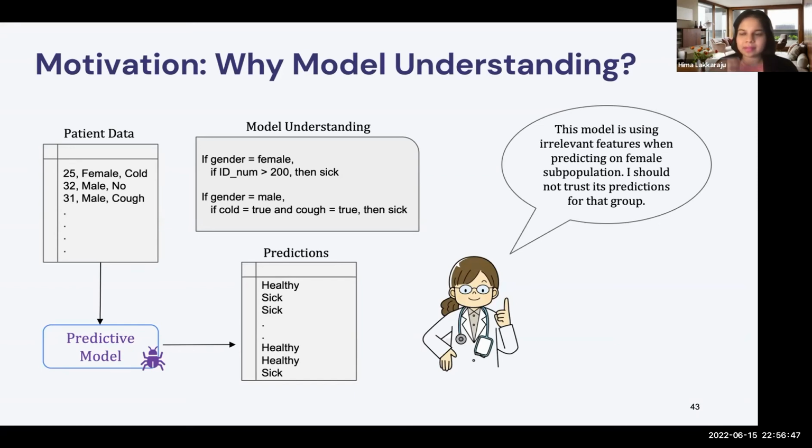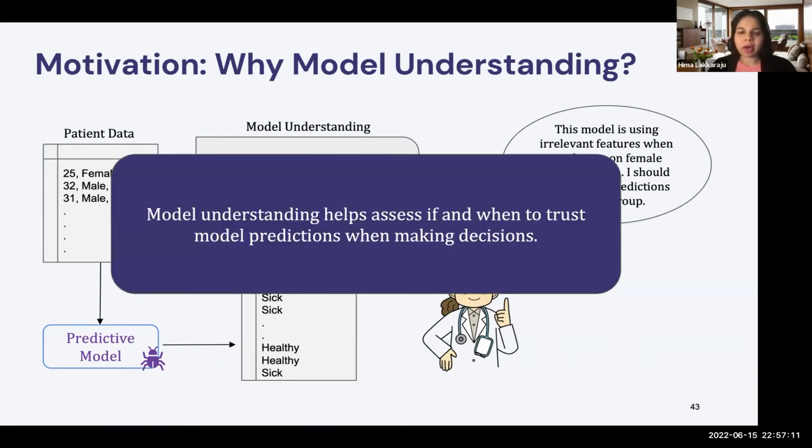So this understanding that the model is using irrelevant or spurious features on the female subpopulation, while it is using relevant features on the male population, will help the doctor determine that this model's predictions should not be trusted on the female population. And in this case, model understanding has helped the doctor assess if and when to trust model predictions when making decisions.